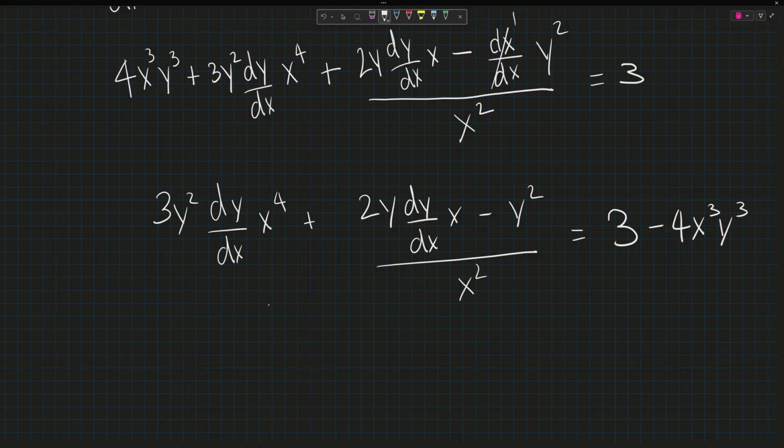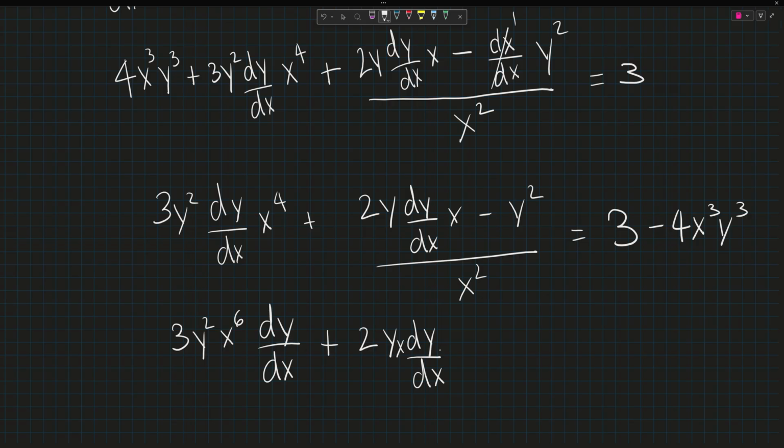Okay, so we're here, and now my two dy over dx terms are here, but one has a fraction, so I must get rid of that. So what I'm going to do is multiply both sides by x squared to get rid of the fraction once and for all. So I'm left with 3y squared x to the sixth dy over dx plus 2y dy over dx.